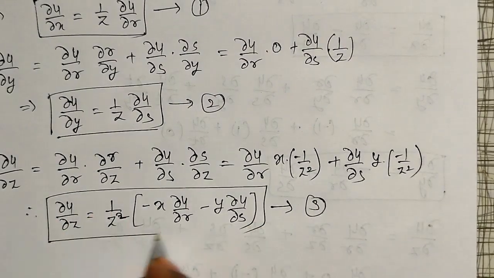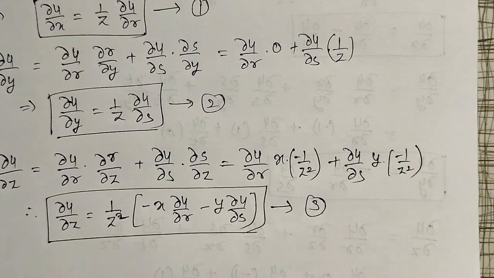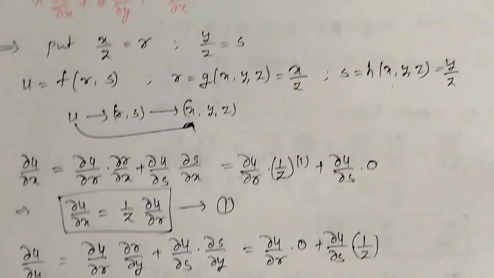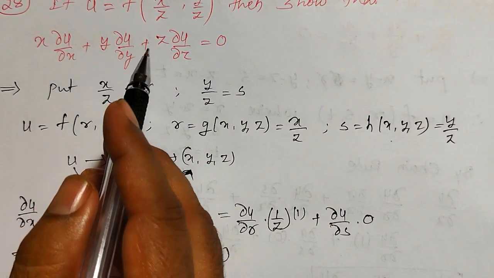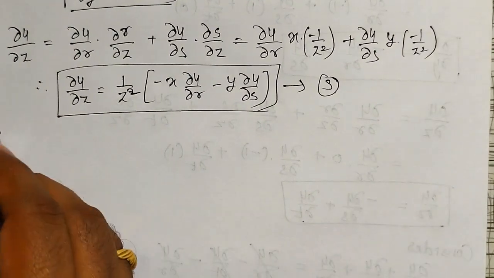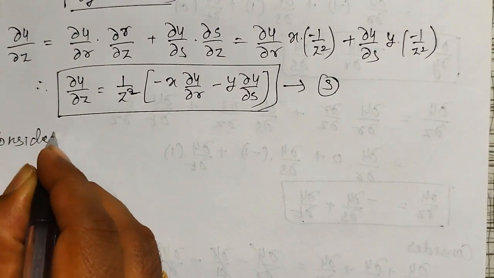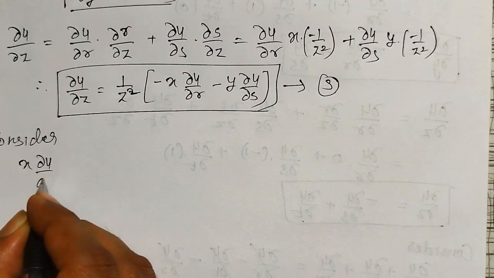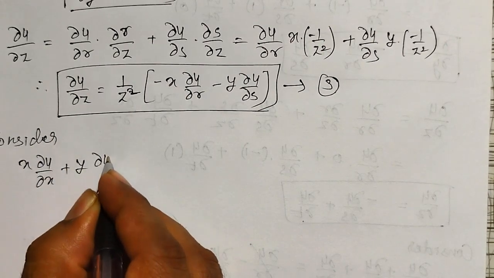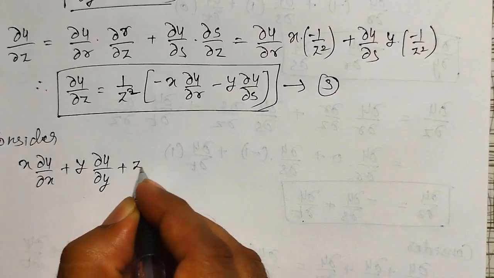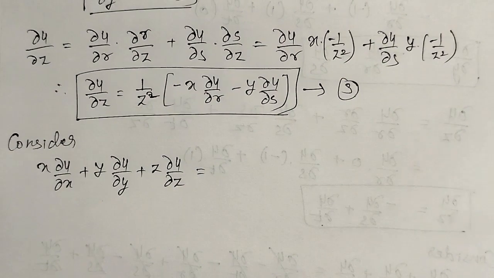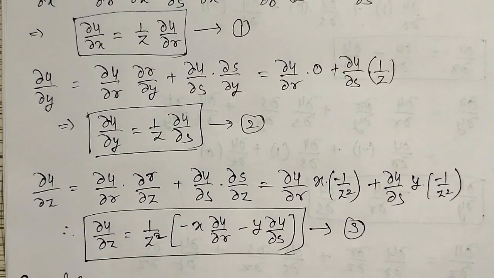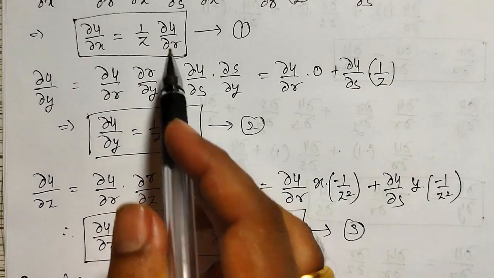Using all these three, I will try to prove the required result as a LHS. What is my LHS? x ∂u/∂x plus y ∂u/∂y plus z ∂u/∂z equal to 0. Consider x ∂u/∂x plus y ∂u/∂y plus z ∂u/∂z is equal to x ∂u/∂x. ∂u/∂x is 1/z ∂u/∂r.